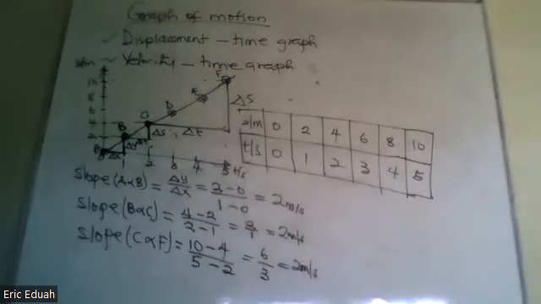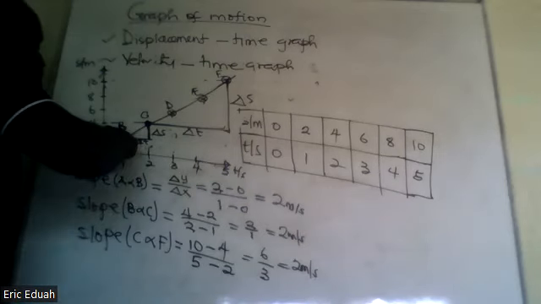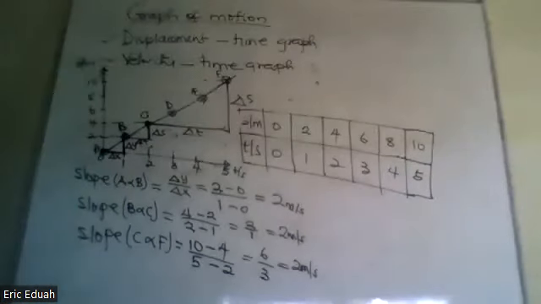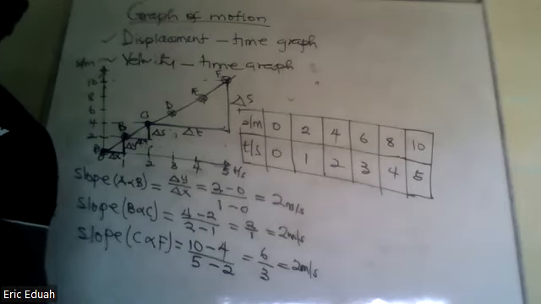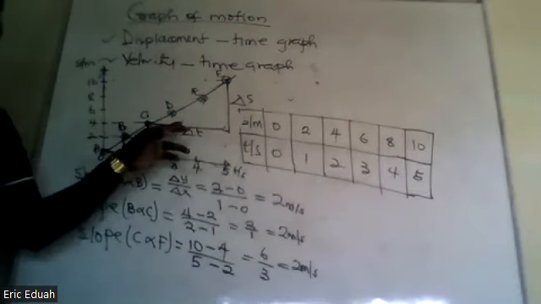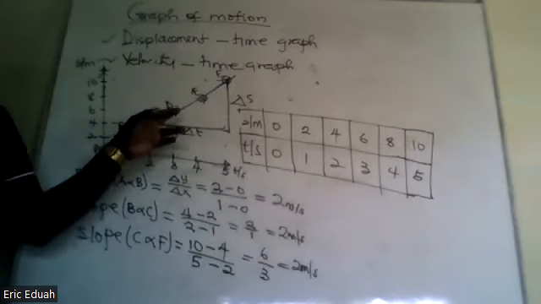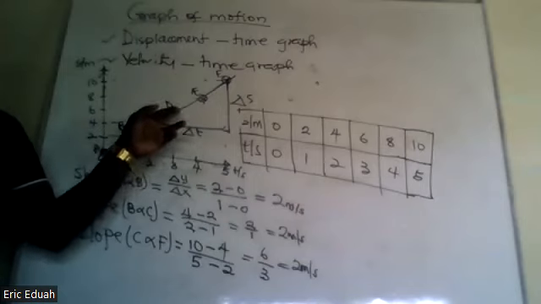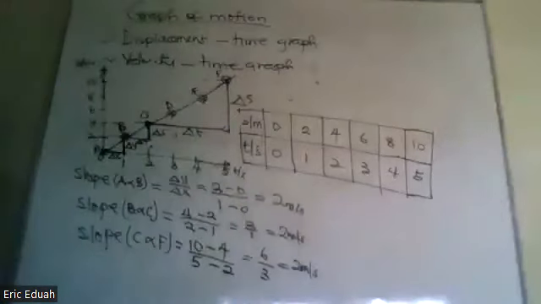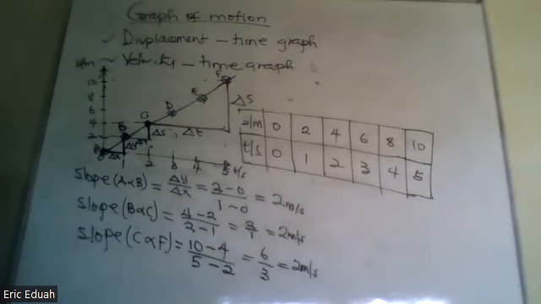Yes, please. Okay. Because the slope is uniform, the same along the line or graph, we describe this motion as... before that. Mami Araba, if you have a displacement time graph, the slope will be equal to what?